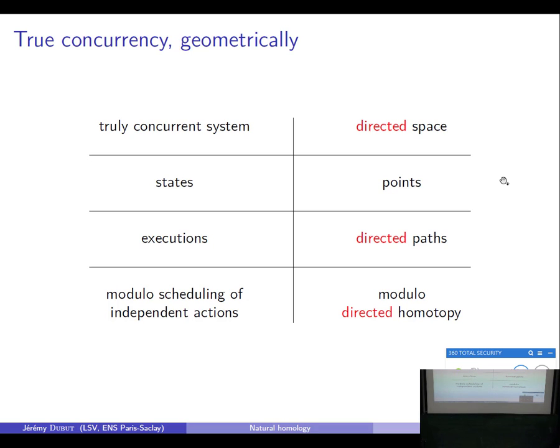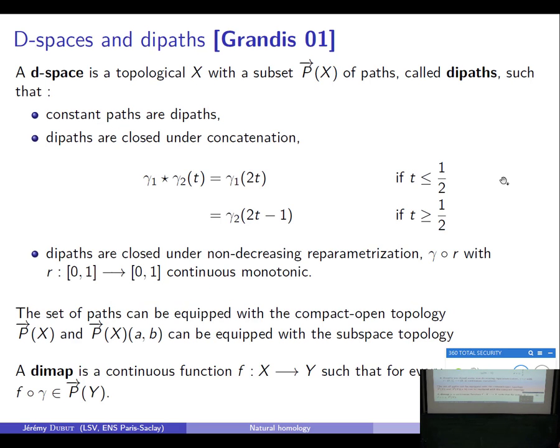And we can also model equivalence of execution modulo scheduling of independent actions with an analog of homotopy in this directed setting. So I will also consider these spaces, so I will not take too much time on this.